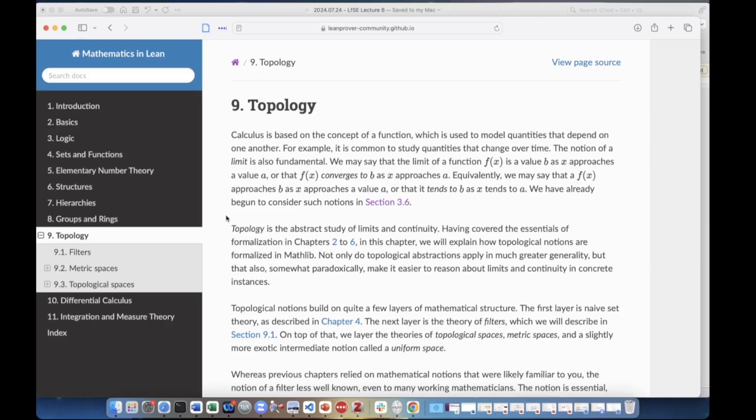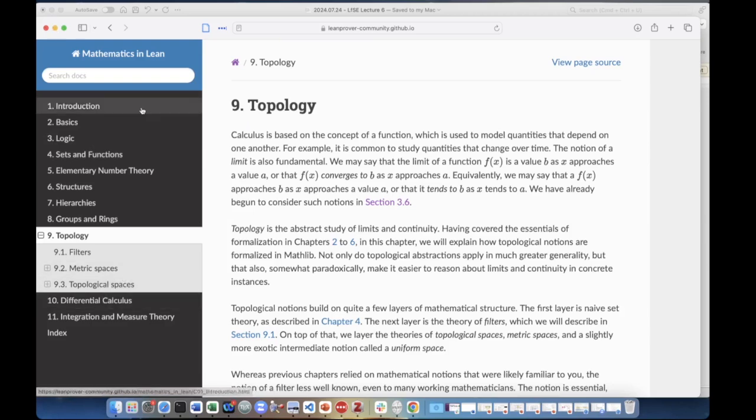So my recommendation, if you do want to get more in depth, is to look at chapter 4 and learn about sets, spend a day on that, then look at chapter 9 and spend a day or two on that, do these exercises, learn about filters, and after that you will have a better understanding of how some of the foundations behind differential calculus works.